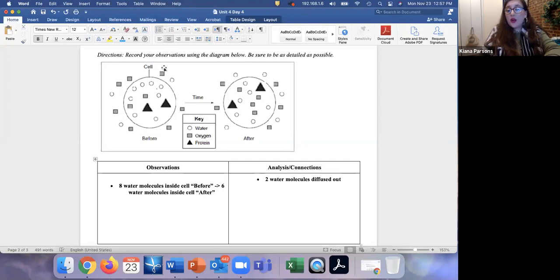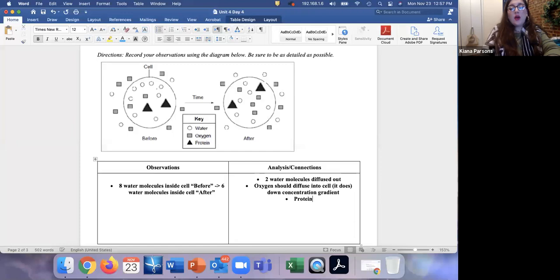So therefore we know that the oxygen is going to diffuse into the cell. Oxygen should diffuse into the cell, and it does. We can see that right there is more oxygen inside the cell. Down the concentration gradient. And that's also what we observe with the water.